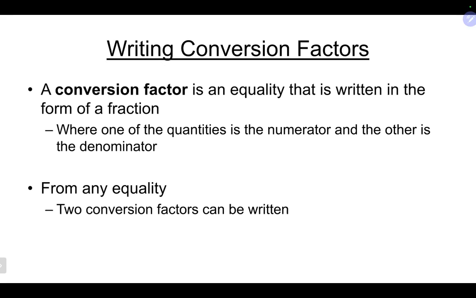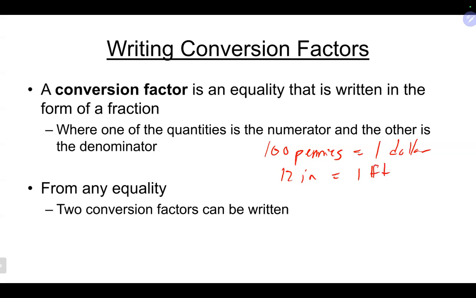In order to do that, we use equalities, and equalities are two values that are on different scales but represent the same amount of something. So if you had 100 pennies, that would represent $1. If you had 12 inches, that would represent 1 foot.